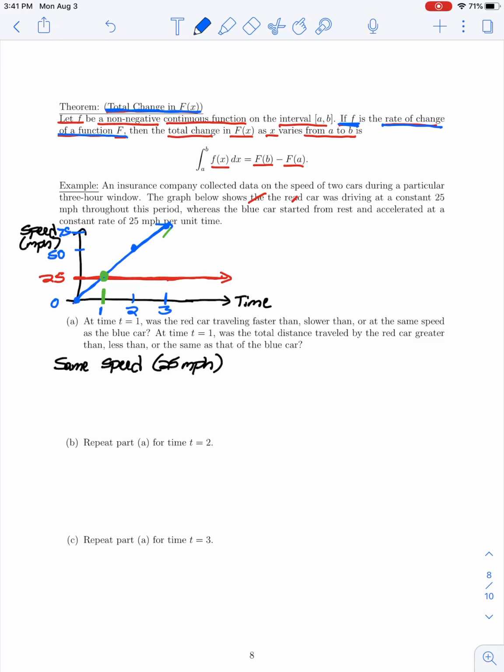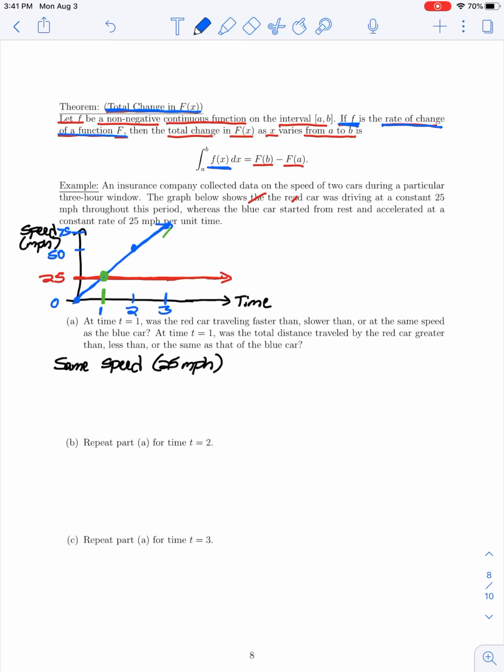The rate of change of position is what we call speed, and we have the graphs of these speed functions for these two cars. So the total distance traveled by the red car would be the integral of the function, which represents our red car's velocity, over the interval from a to b.